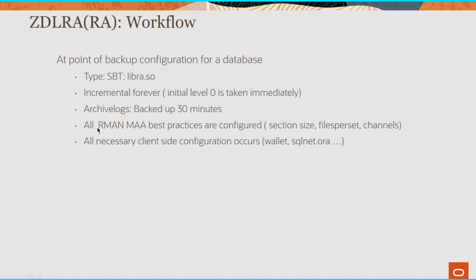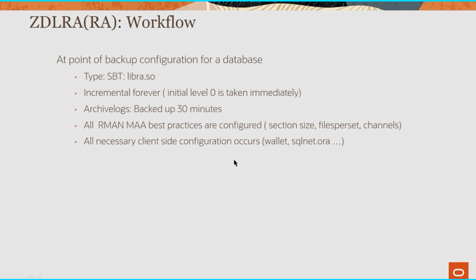In terms of configuration for RMAN, we're going to lay down all the MAA best practices that we are publishing in our papers for the RA against a regular Exadata on-prem database, and they include a section size of 64 GB, files per set 1, and the number of channels.